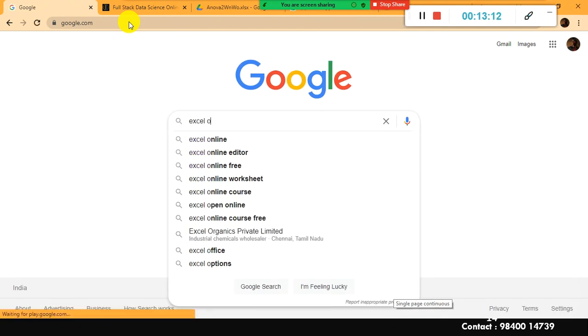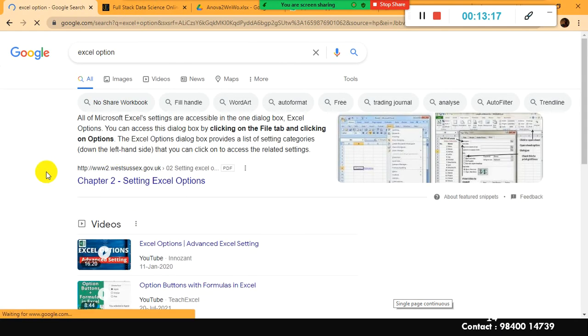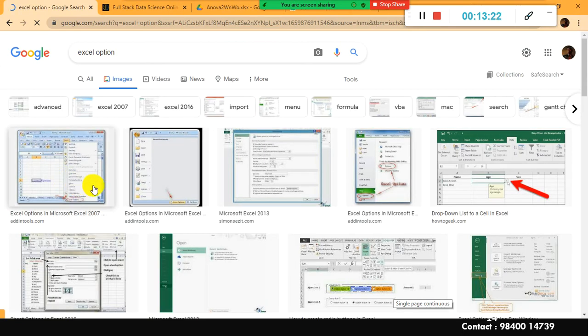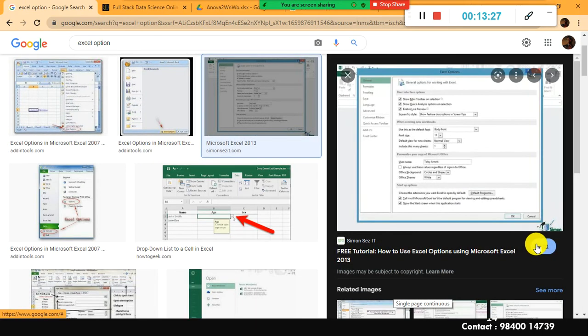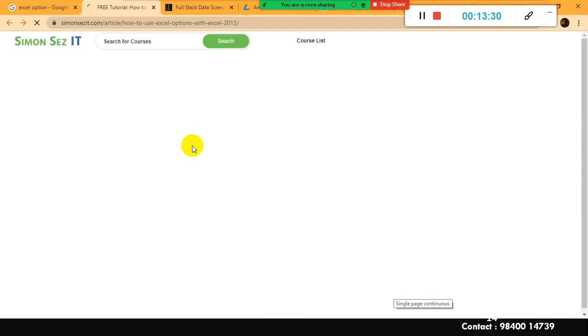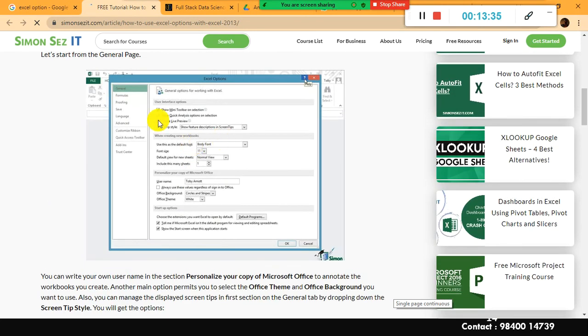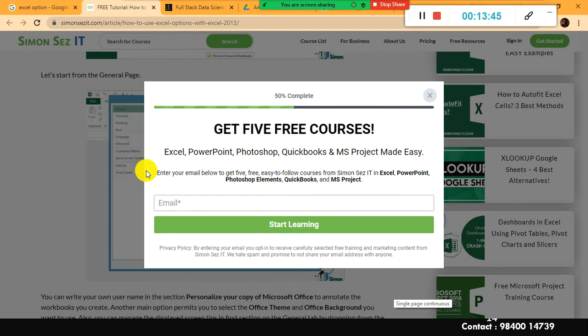When you go to the Excel options, in the file menu, you will get something like this. You need to click on the add-ins. When you click on the add-ins, you will find something like Analysis ToolPak.